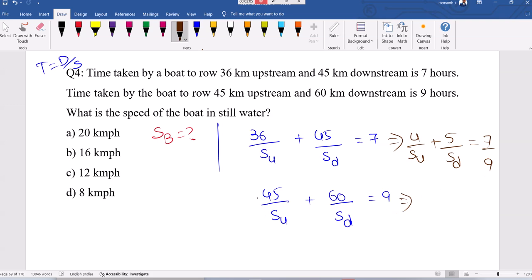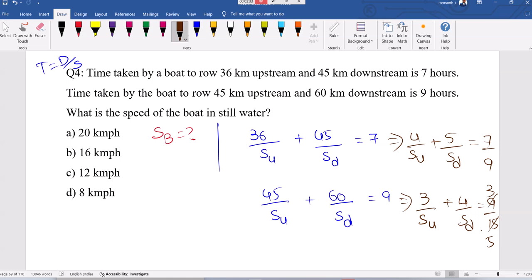But still, I'm thinking about cancelling the equation. Fine, this is 3 by SU. If it is divided by 15, this is 4 by SD. 9 by 15 is 3 by 5. Subtracting, 1 by SU, 1 by SD will be obtained.